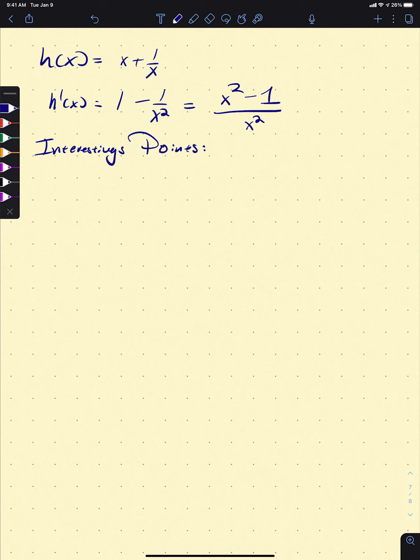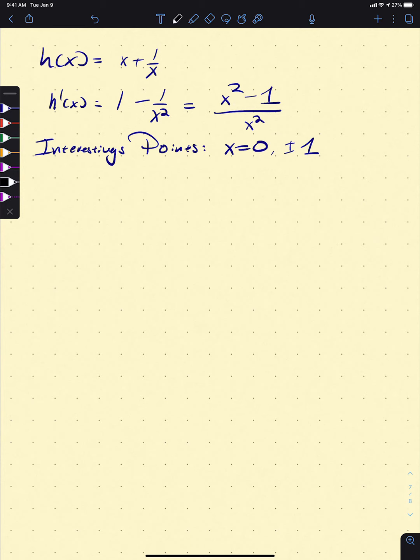But here are the points that we've discovered are interesting. X equals 0 is interesting because that's where this has a vertical asymptote and is hence undefined. And then the zeros of this function, which come from the zeros of the numerator, are plus or minus 1, okay?